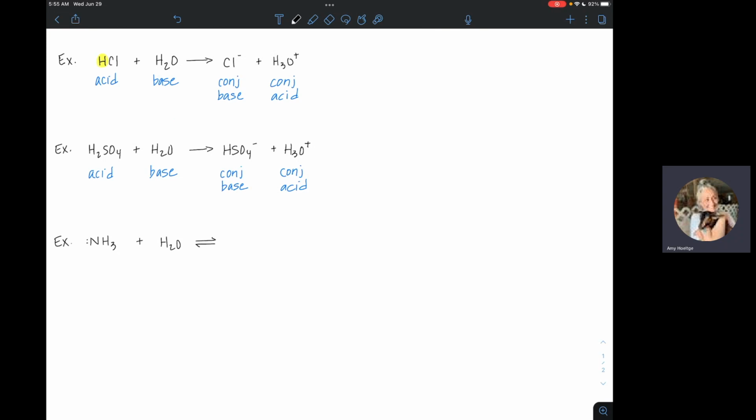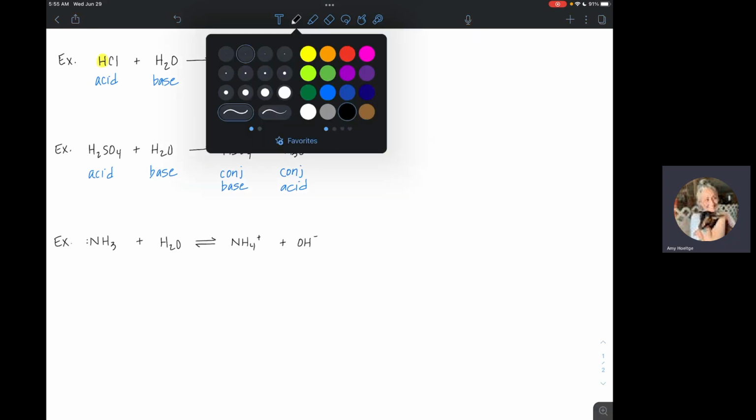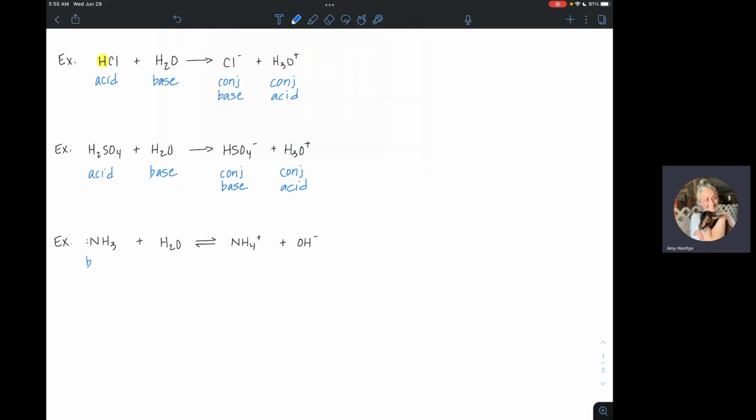And those electrons are going to be used to take one of the hydrogens off of the water molecule. So this will end up being, as a base, a proton acceptor, and we're going to make the ammonium ion and the hydroxide ion. So here is the base, and now water is behaving as an acid.